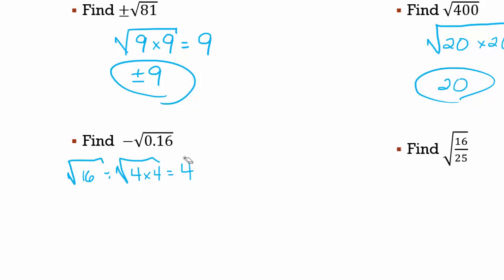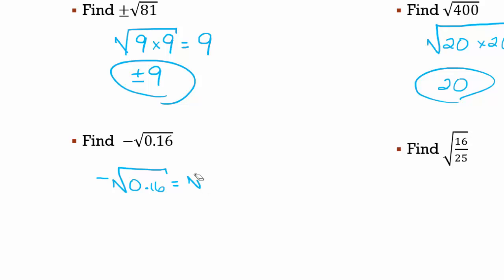But I'm not looking for the square root of 16. I'm looking for the negative square root of 0.16. But if we understand that 4 times 4 is 16, that gives us a nice little shortcut and a reference point. So the negative square root means I'm concerned with the negative root of 16 hundredths.